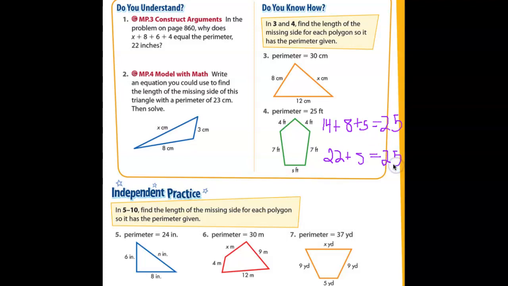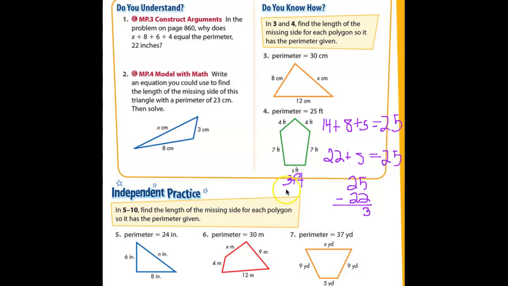So in order to find out the length of this one side, I have to take the length of all the sides, which is 25, and subtract the length of the 4 sides that I know, which is 22. 25 minus 22 is 3. So this one little side right here is just 3 feet.